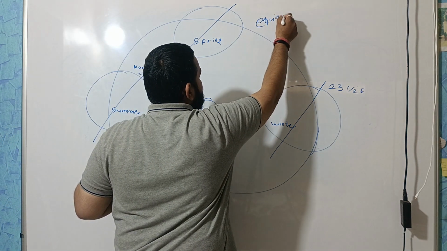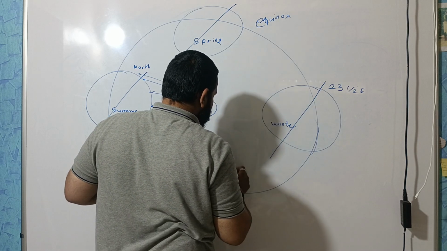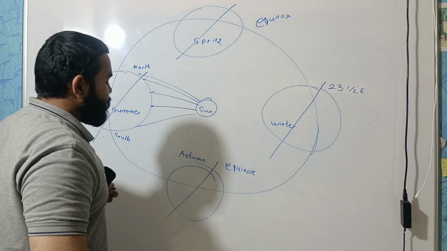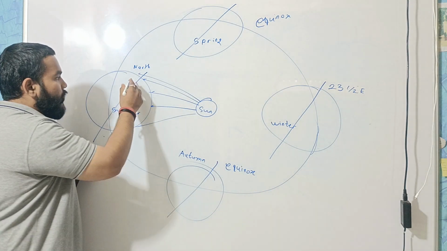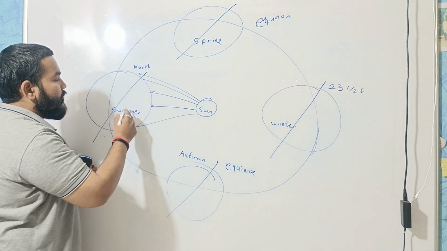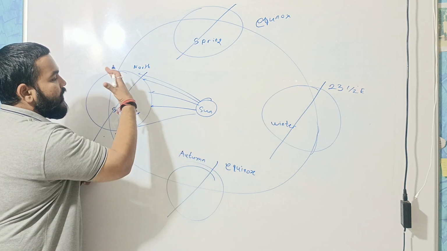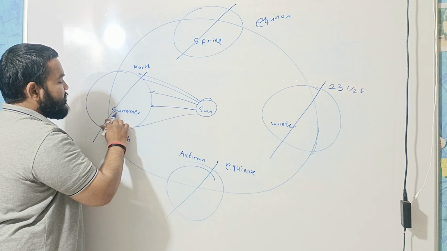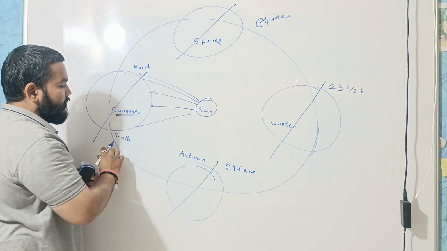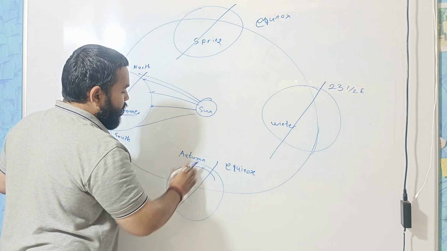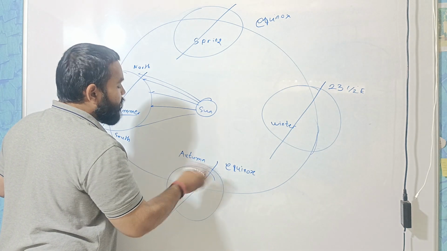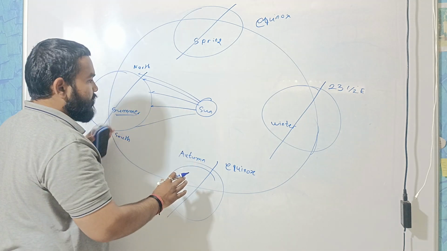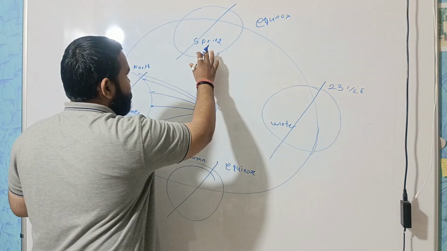That's why it is called equinox. This is also called equinox. Here it is only the north pole where the sun directly throws its radiation and the hot season comes. So that's summer, and here it is winter. In the same way, here the north pole suffers from the autumn season, and here the summer season, here the winter season, and here the spring season.